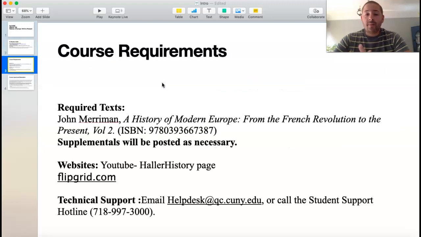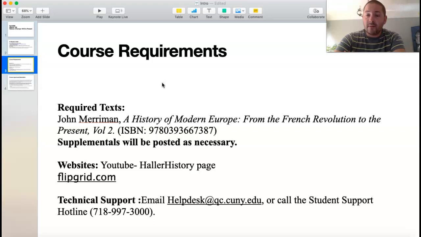There are a couple of requirements for this course that you are going to be expected to have. The first one is the John Merriman text that is posted on Blackboard, in the QC bookstore, and is also on the course outline. This text will be our basis for the whole course.